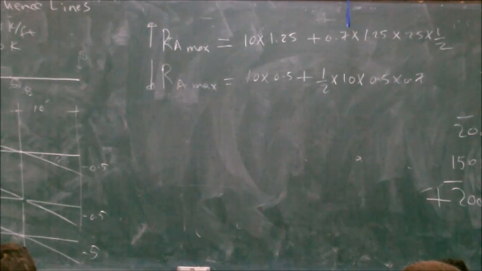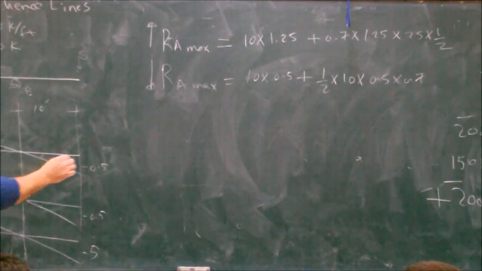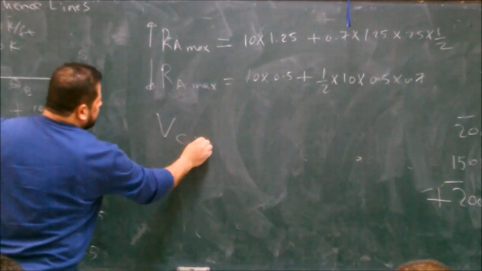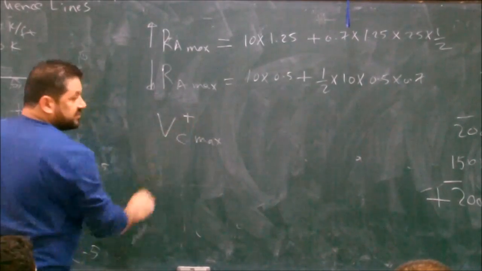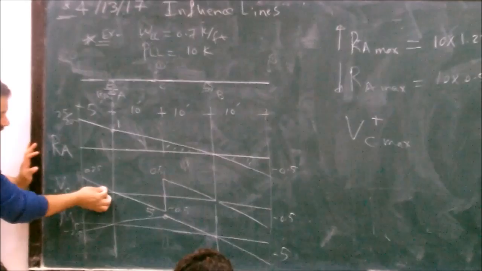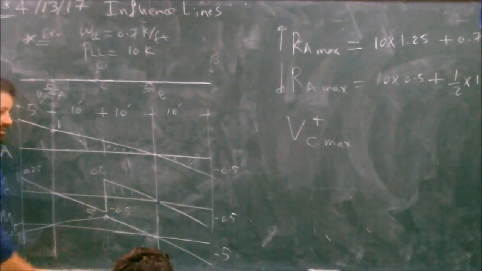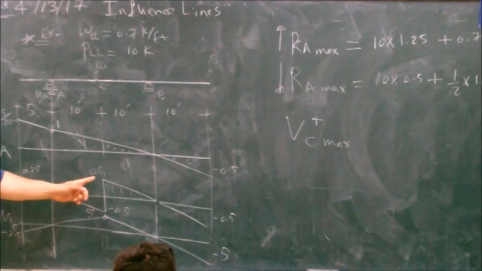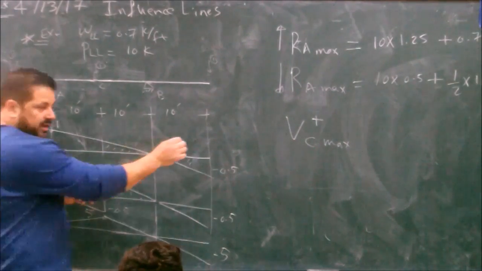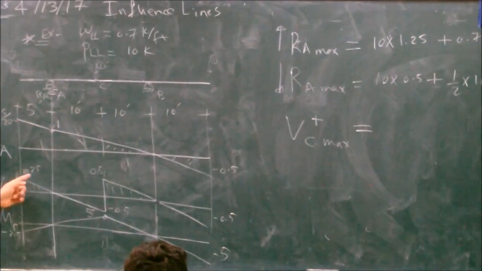The second one was the maximum positive shear. Now VC max positive. Look, you only load the areas that are positive. Which one is bigger? 0.5. So what is the 10? Is the 10 here or here?